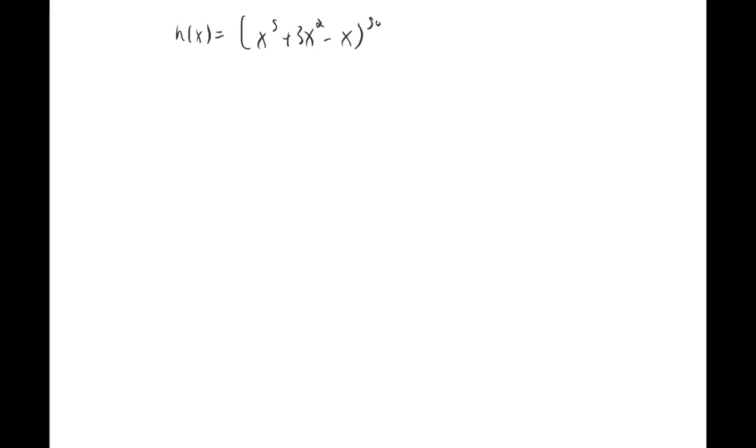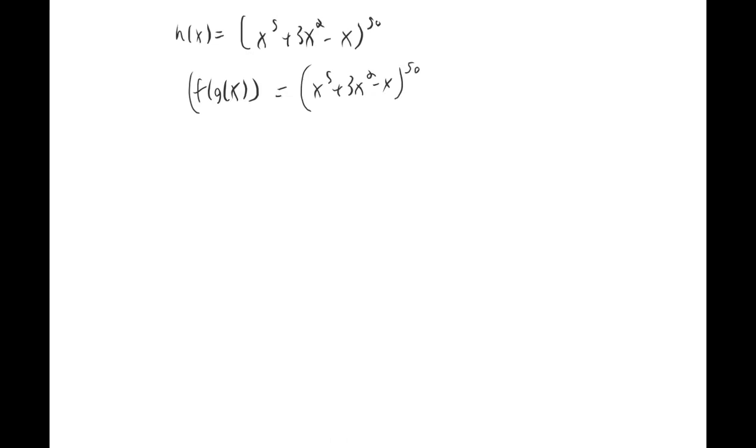So again, there are two functions that when you compose, you get this. What are the two functions? The outside function is what? What does this whole thing look like? What's happening as a whole?